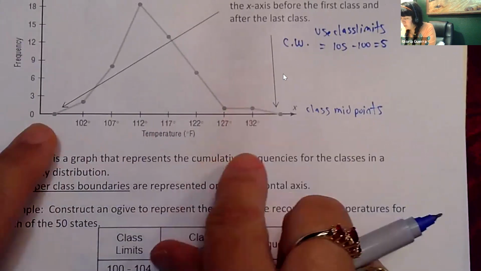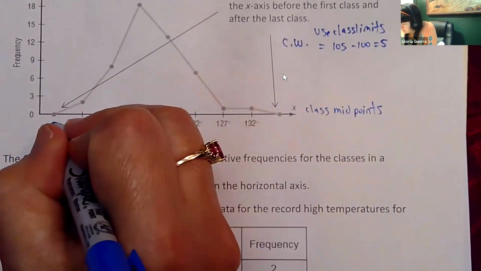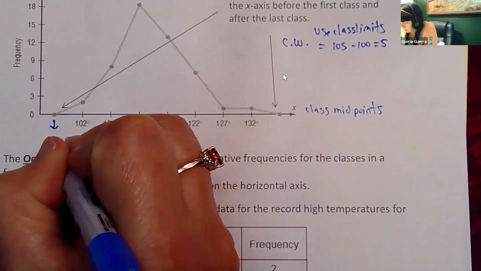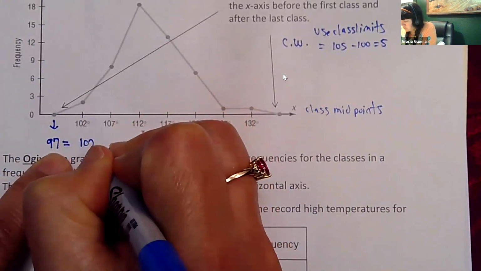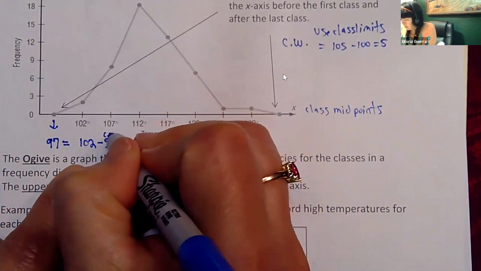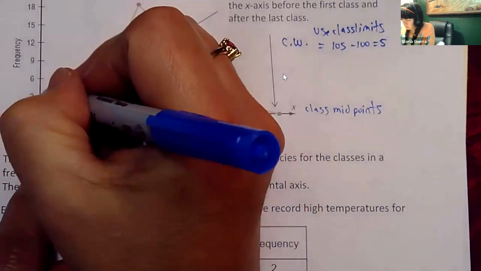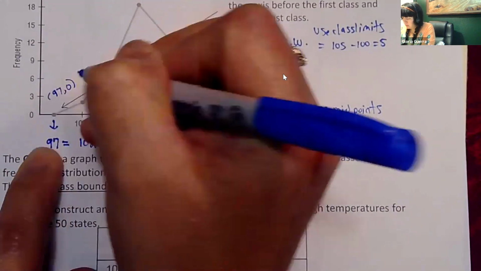To anchor them, this value is going to equal 97. And why? Because you do 102 minus 5, which is the class width. So when they anchor it, this would be (97, 0).